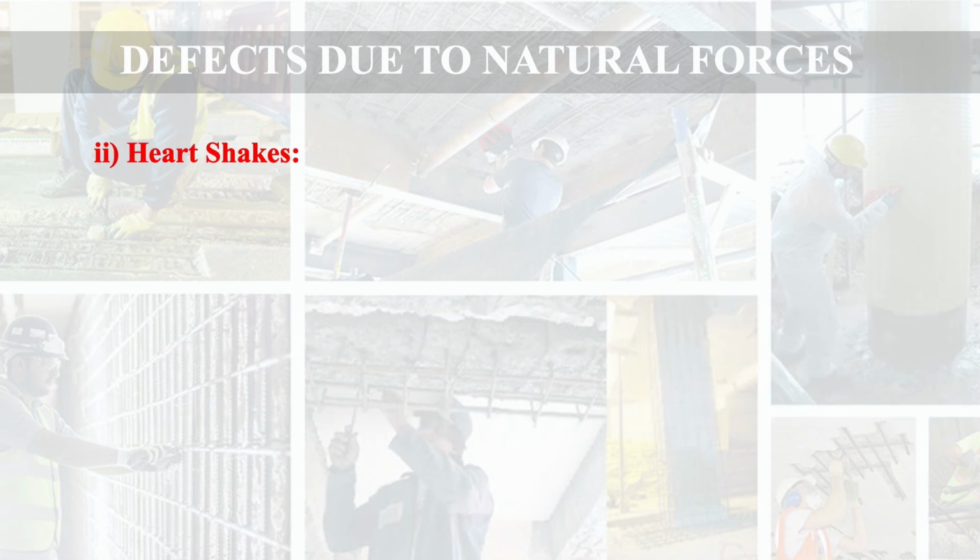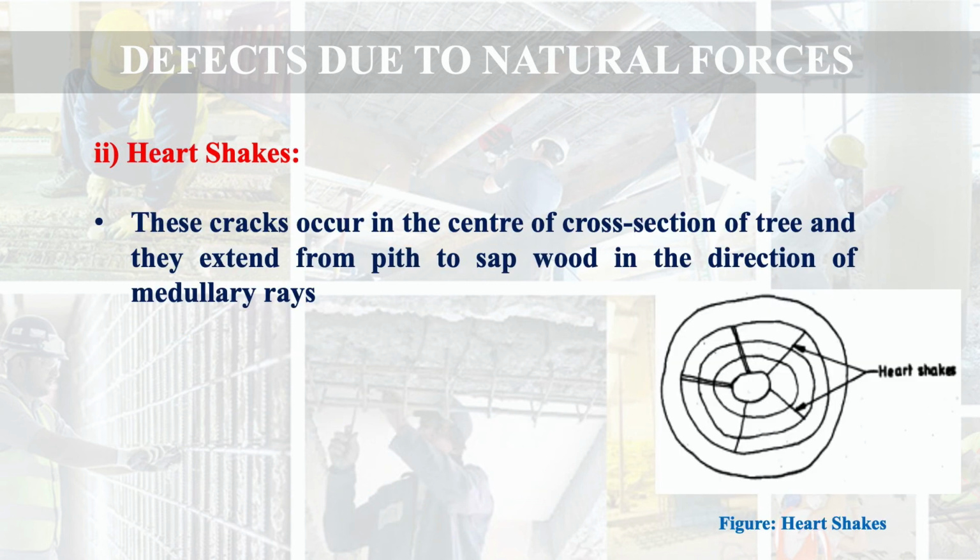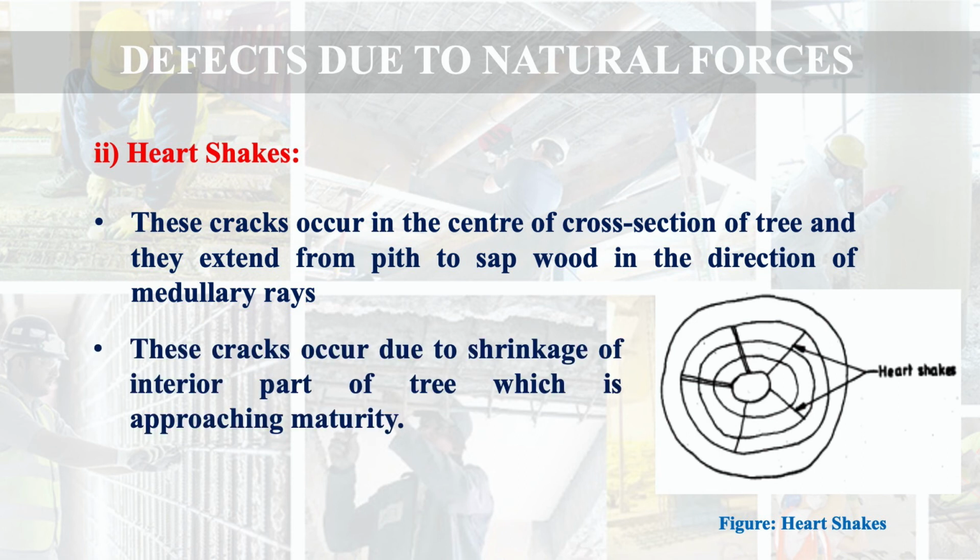Next is heart shakes. These cracks occur in the center of cross-section of the tree and they extend from pith to sapwood in the direction of medullary rays. These cracks occur due to shrinkage of interior part of tree which is approaching maturity.